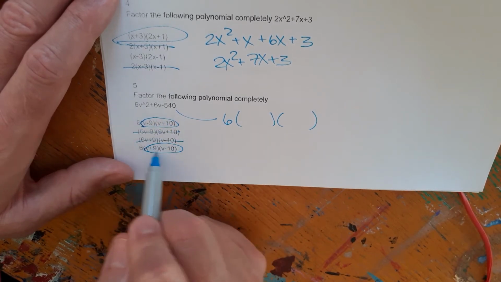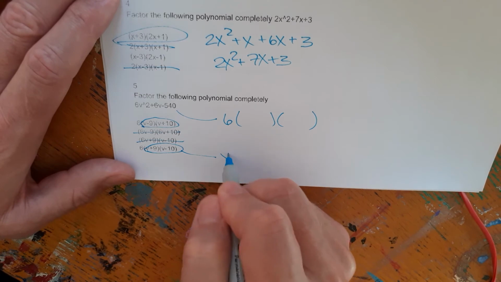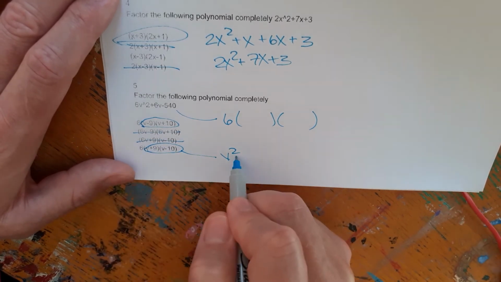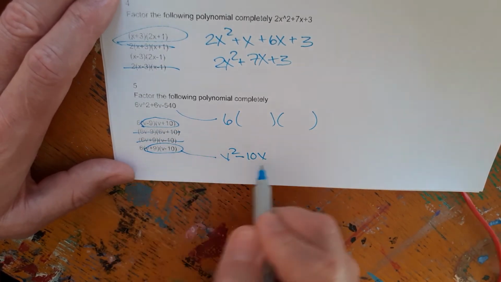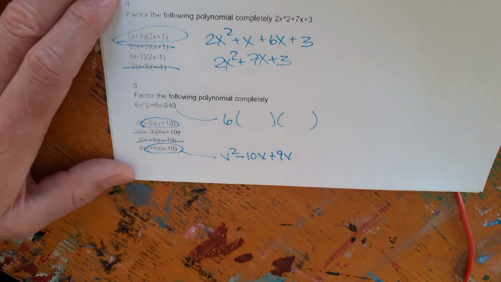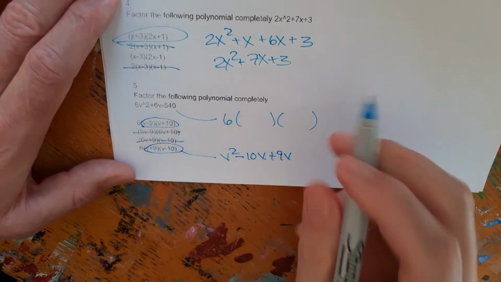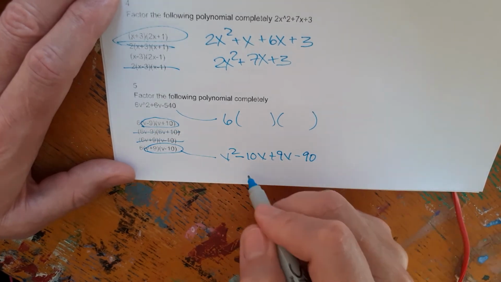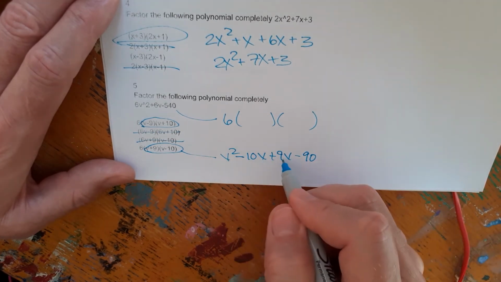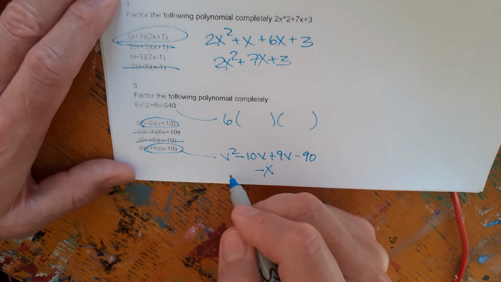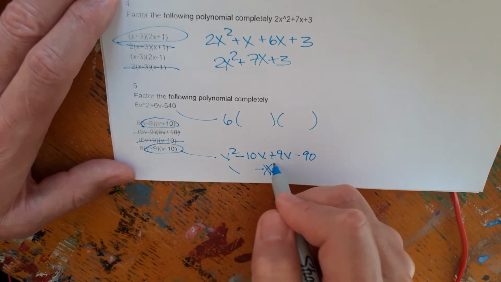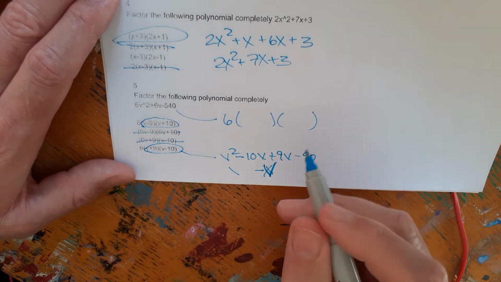Let's FOIL the wrong one. So this would be v squared. Outside is minus 10v. Inside is plus 9v. Last is minus 90. When these combine, a minus 10 plus a 9 would be a minus x in the middle. Oops, v. You see my v's and my x's, everything starts to get mixed up.